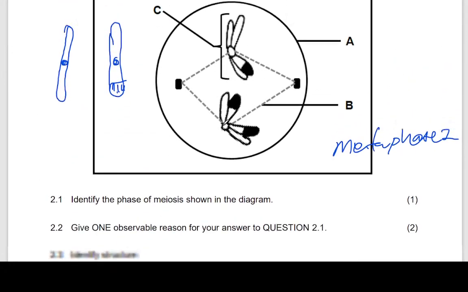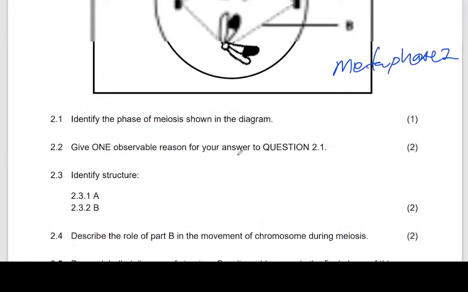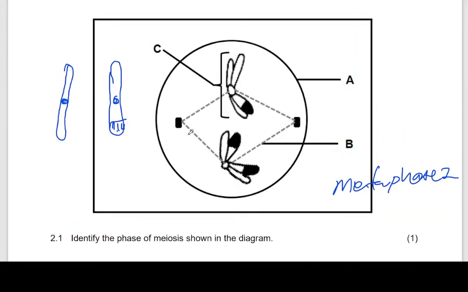Remember, when this is happening, also this will happen. For example, this can go with this. So when this cell divides, you either take this and this, or you take this and this. The shadings must be there. So if you take this and this, then automatically you're going to have, for example, a cell in the final stage. Final stage means that it is telophase.